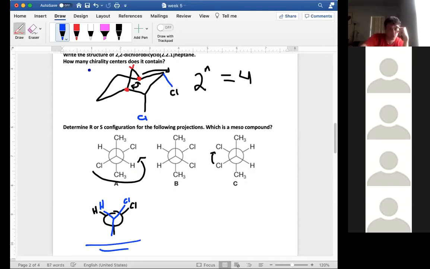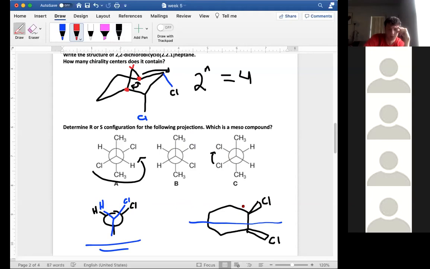And in order to draw it in 2D, just to give an example, because someone brought up cis or trans, if you had something like this, where's the plane of symmetry? Like between the two Cls, horizontally? Yep. And if you were to do the R and S for this, I didn't even do it, but just as an example, I know they would be different.